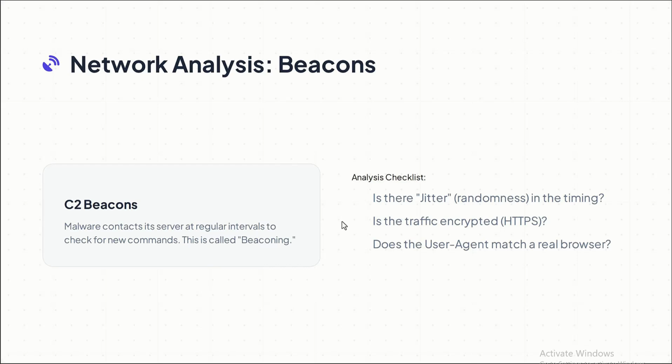An analyst's checklist includes jitter, randomness in timing, whether the traffic is encrypted, and whether the user agent matches a real browser or a fake one. Because actually the attacker can insert a fake user agent that looks like a real browser.